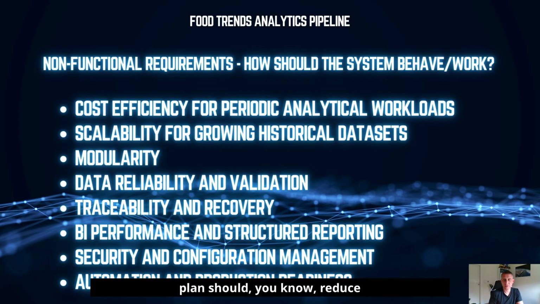So the pipeline should reduce manual Excel or other spreadsheet-based reporting by automating ingestion, transformation, loading, testing, and validation through Lambda or GitHub Actions, which I use in this system, and some kind of monitoring tools like AWS monitoring tools.